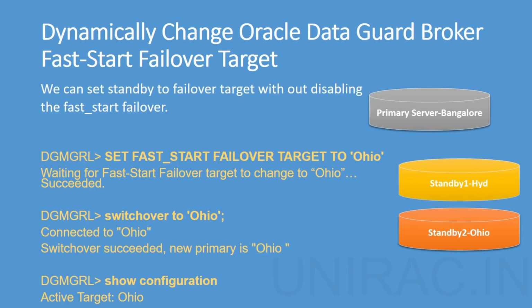The member list means more than one standby. By default we have one standby which the primary fails over to. Assume that standby 1 in Hyderabad is the default, but we need to fail over to the standby in the Ohio location.